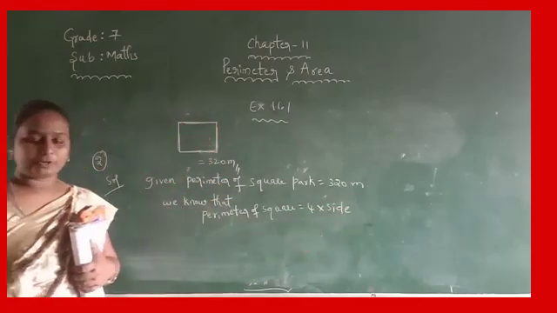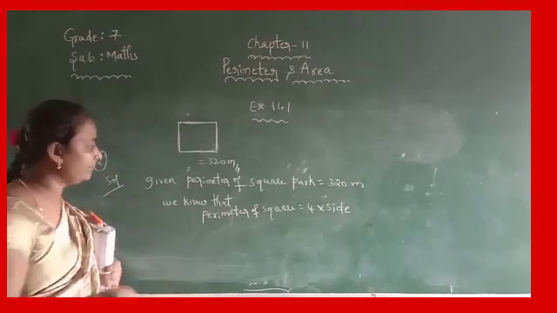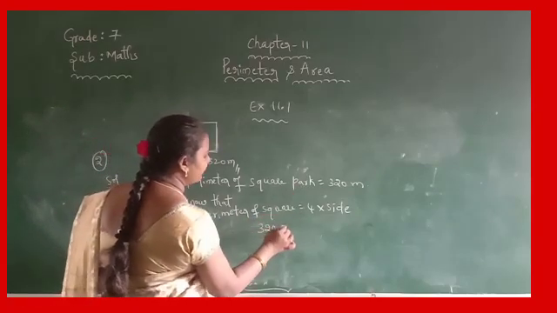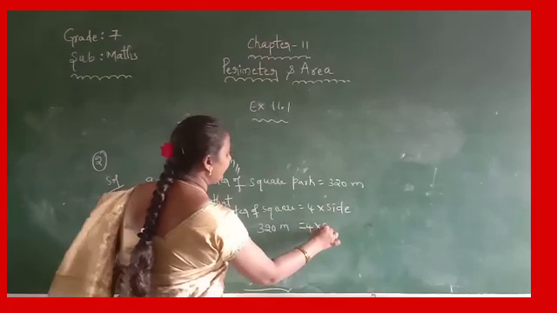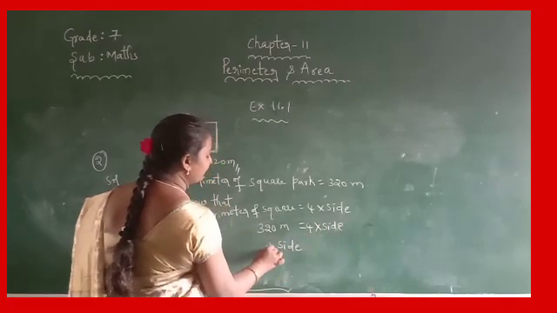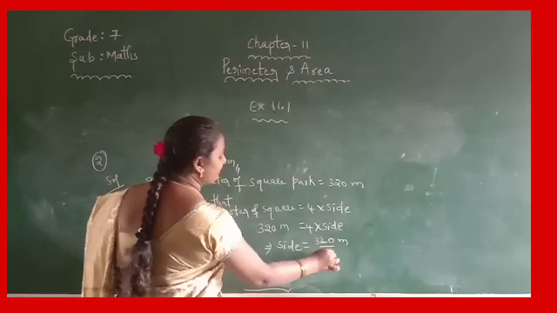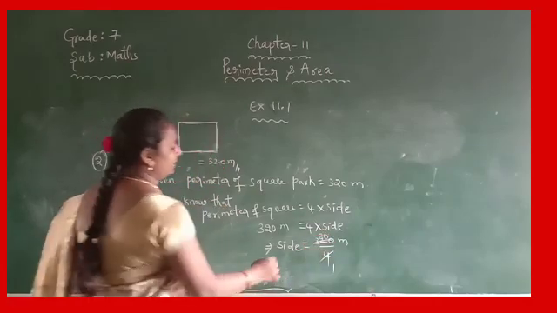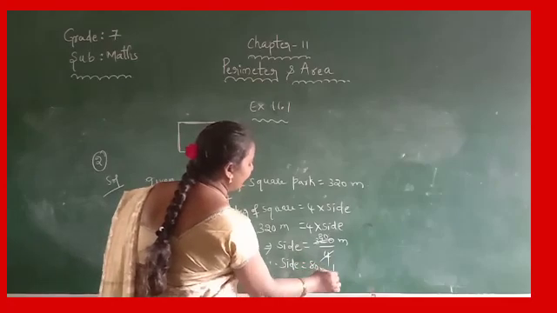Before going to find the area, first of all we have to know what each side of the square is. So already given the total perimeter of the square park, that is 320 meters, 4 into side. So here we have to find the side. Then side is equal to 320 meters by 4. Simplify: 4 ones are 4, 4 eights are 32, 0. So that means each side of the square park is 80 meters.